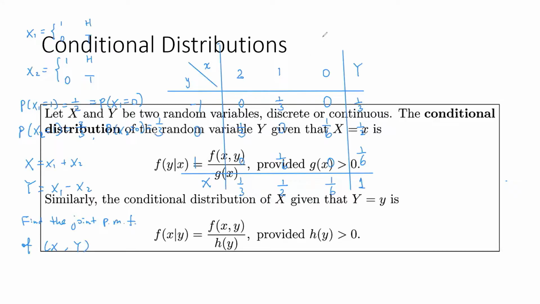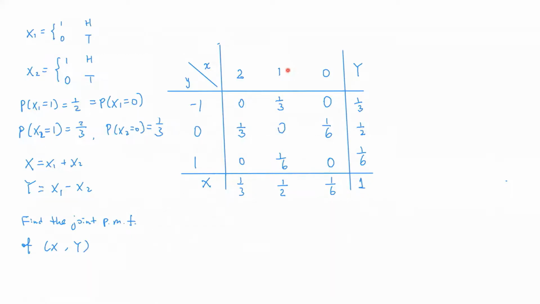So let's look at this example. There are two different notations. Some people use this notation, so it's a conditional distribution of x and y, this kind of thing. Let's say the conditional distribution of x given y equaling 0.